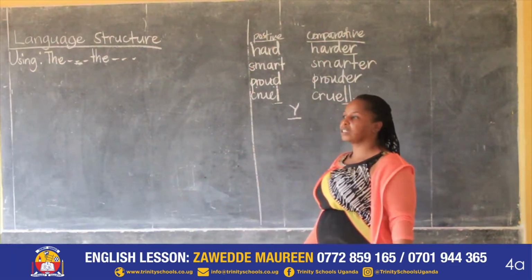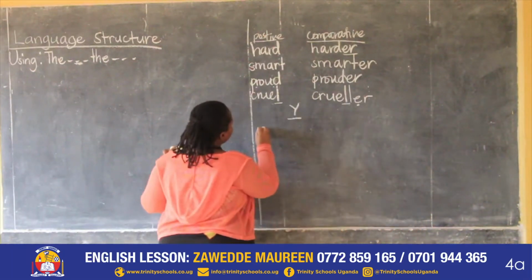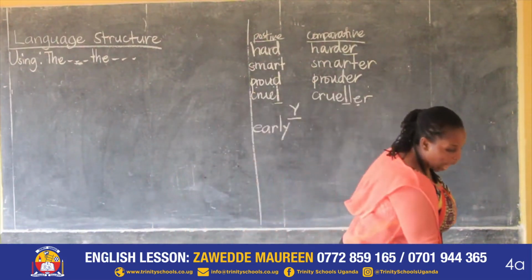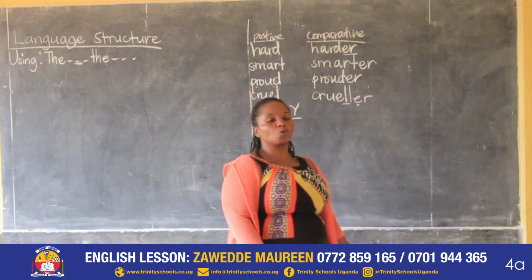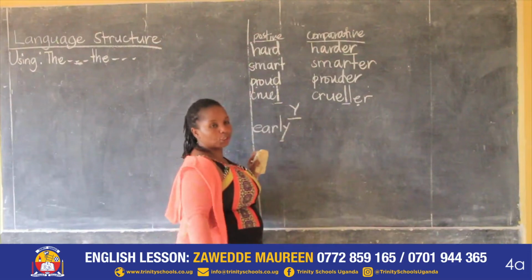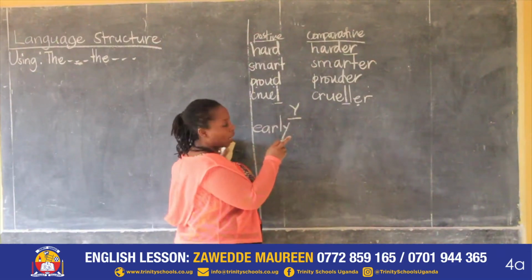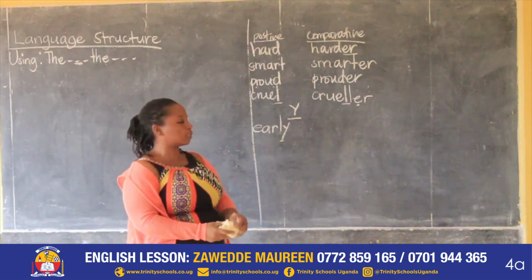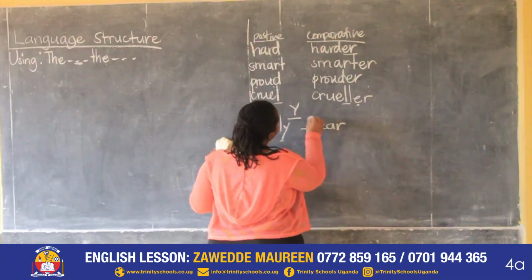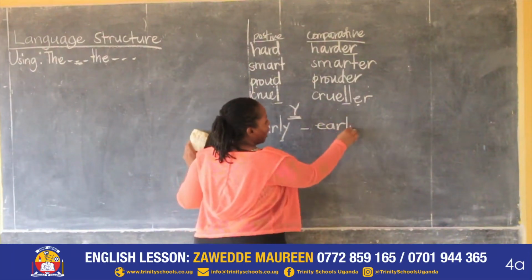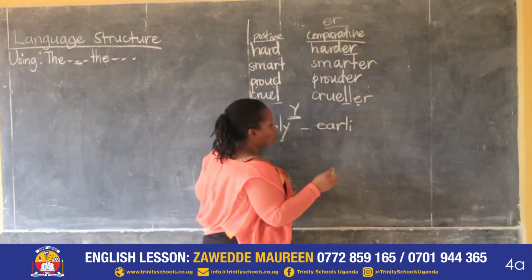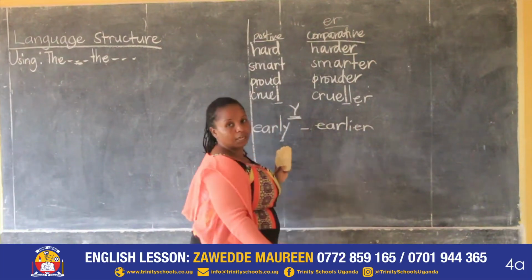An example is the word early. Early ends with letter Y, but when I change it into the comparative form, I change Y into I, on condition that there is a consonant before letter Y. Y changes into I, and we don't forget our ER, which is a must for comparatives, and we make earlier like that.